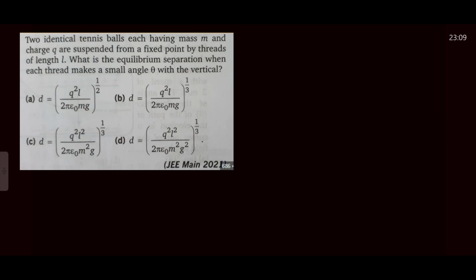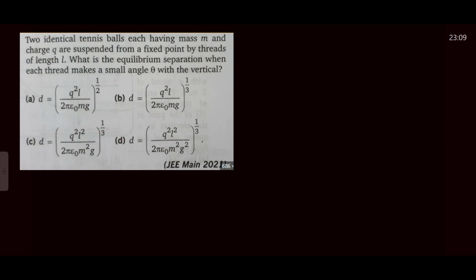So it will help you solve PYQs as well as understand the concept completely. Hope you will enjoy it and learn from this series.